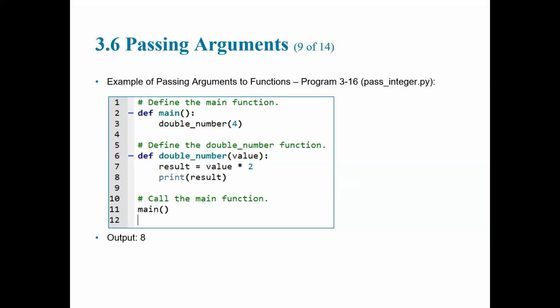So when the program is executed here, it reads everything into memory, goes to the last line, main is then called, flow of control comes up to line 2, and it calls double_number, passes an argument of 4, and in that particular case, the flow of control goes to line 6. 4 goes into value, value is multiplied times 2, and then the answer is printed on the screen. Of course, the answer is 8.